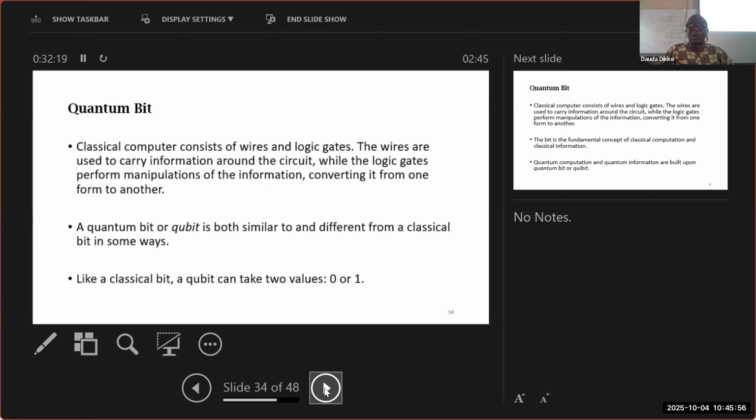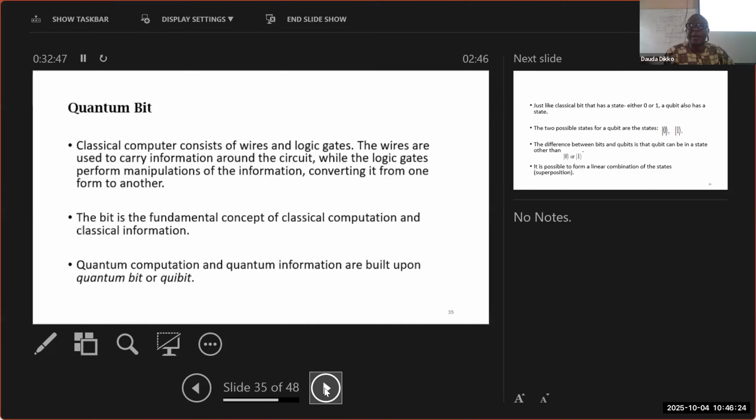Then for quantum computers, a quantum bit is a qubit. It is both similar to and a little bit different from the classical bit. It is similar because the quantum bit can also take two possible states, 0 and 1.